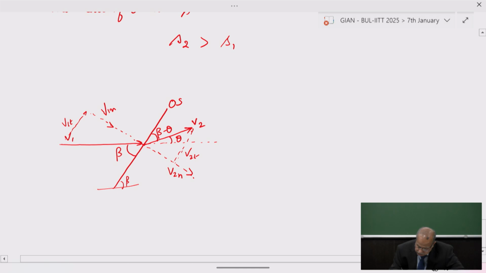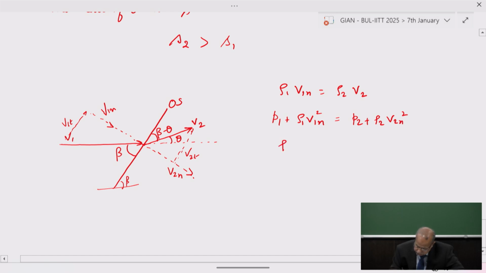So the governing equations are: the continuity equation is rho 1 v1n is equal to rho 2 v2n, and the momentum equation is p1 plus rho 1 v1n square is equal to p2 plus rho 2 v2n square.